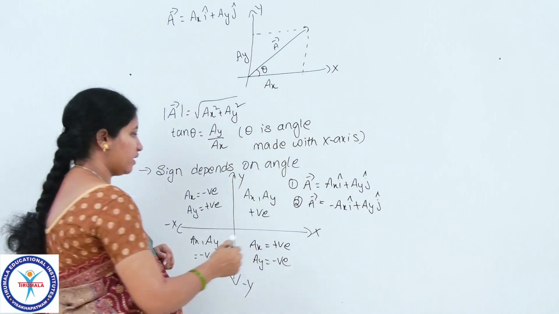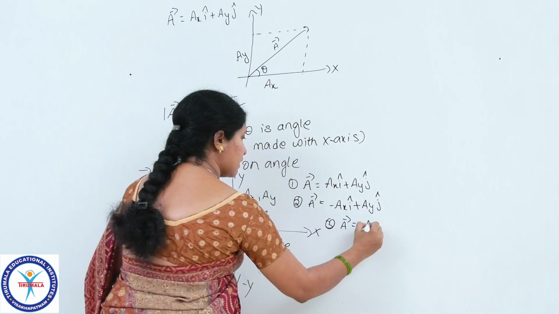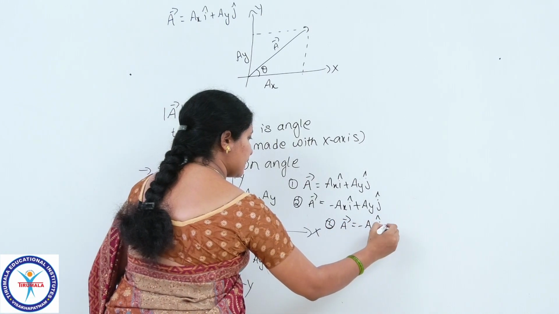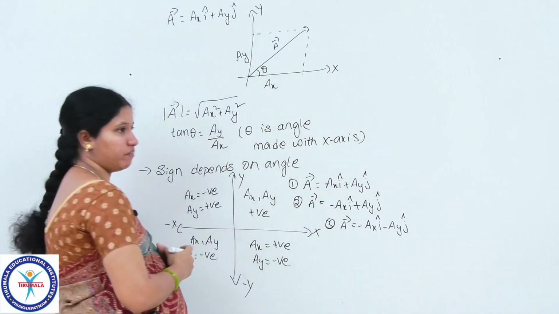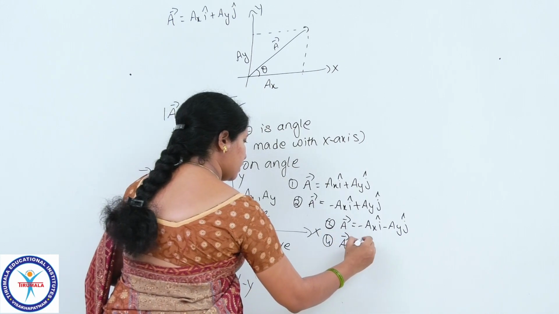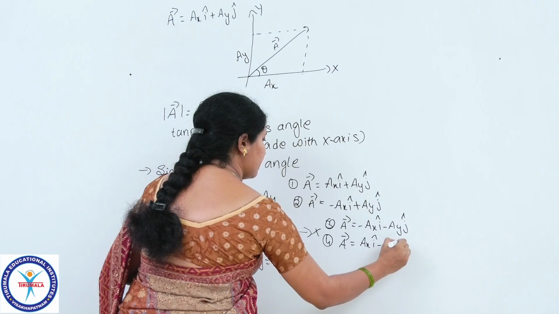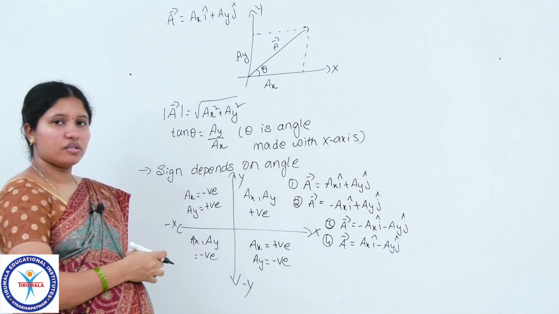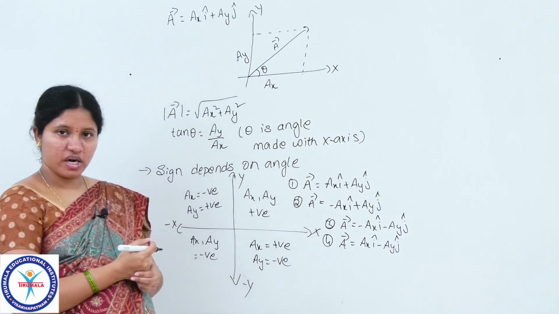In the third quadrant, the vector A bar can be written as minus Ax i cap minus Ay j cap. In the fourth quadrant, A bar is equal to Ax i cap minus Ay j cap. So, this will be the vector representation in 4 quadrants.